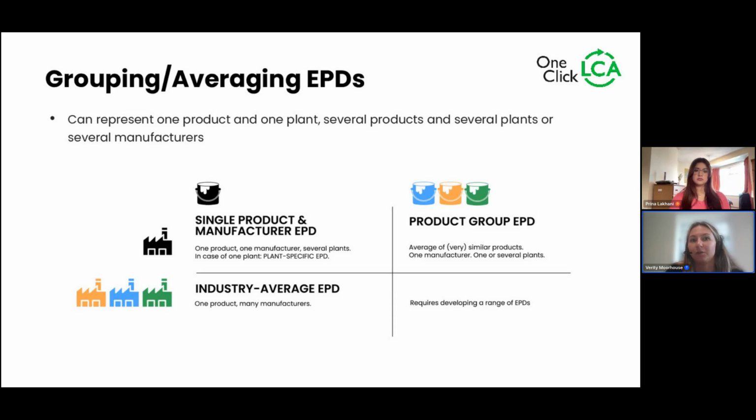So there's quite a few industry averaged EPDs out there. For example, there's one for clay bricks. You can also have a product grouped EPD. So they might be similar products in your own range as one manufacturer, but multiple products. So you can average those. And you can also have industry averaged product group EPDs as well, just to complicate things further, but they're not quite as common.